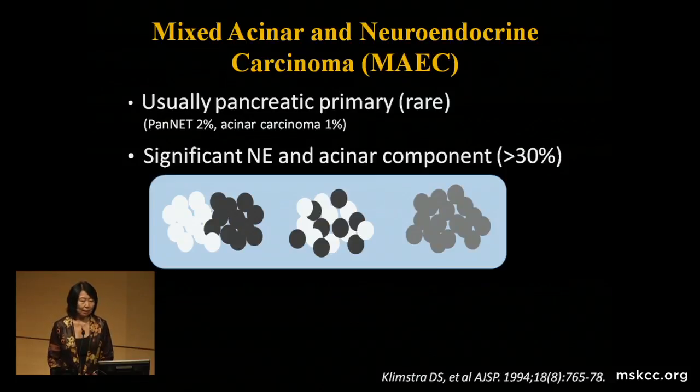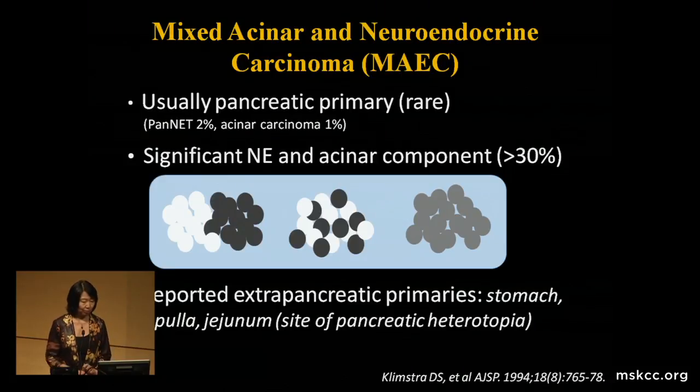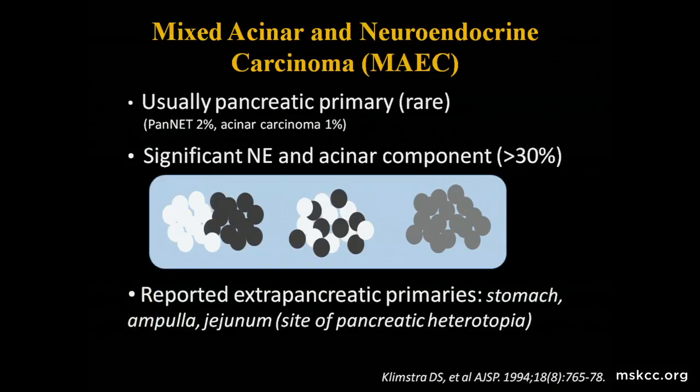And finally, the so-called amphicrine phenotype, meaning the same tumor cell expressing both endocrine and acinar markers. There are very few reported cases of extrapancreatic primary MEC, including ampulla, jejunum, and the stomach. These are actually common sites of pancreatic heterotopia.